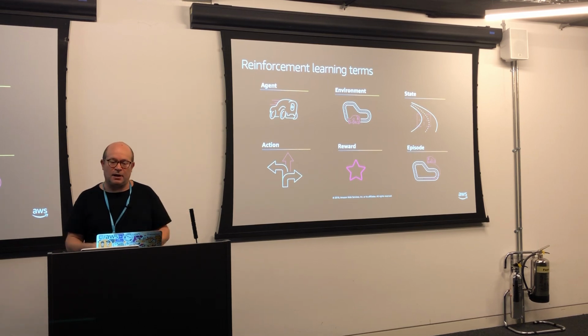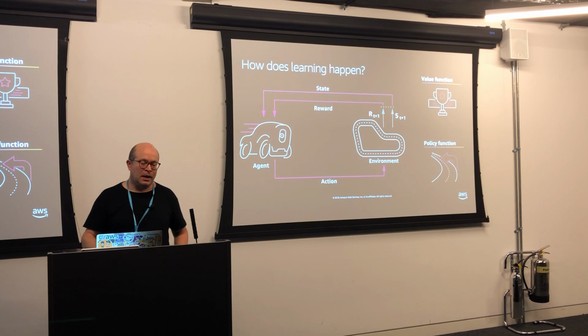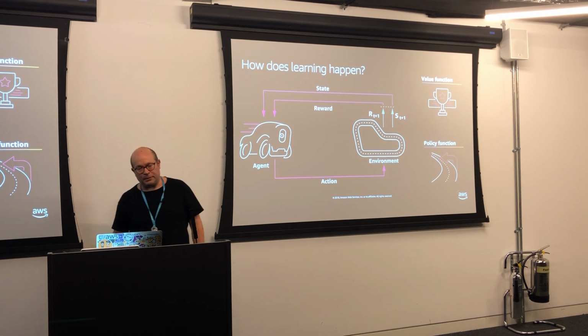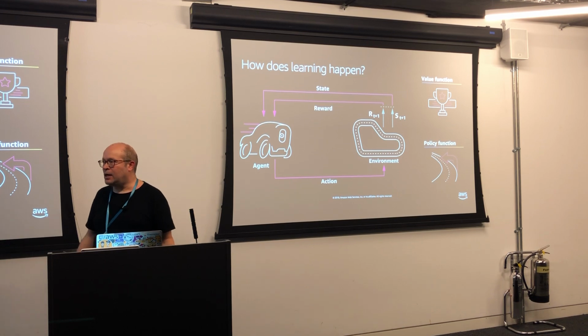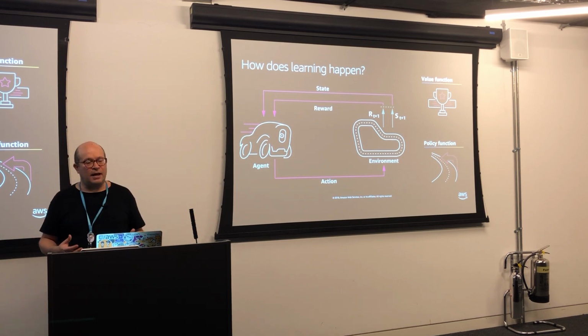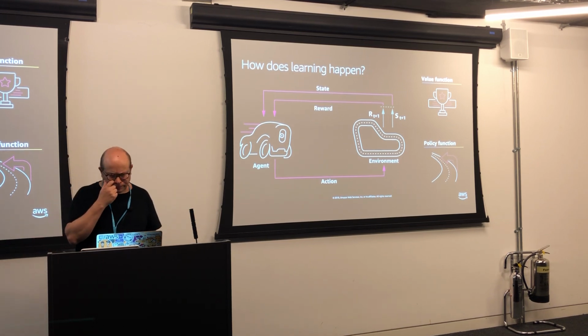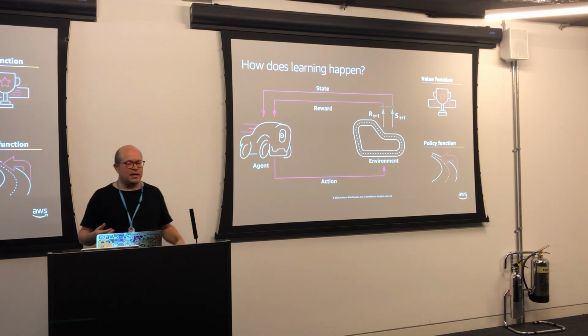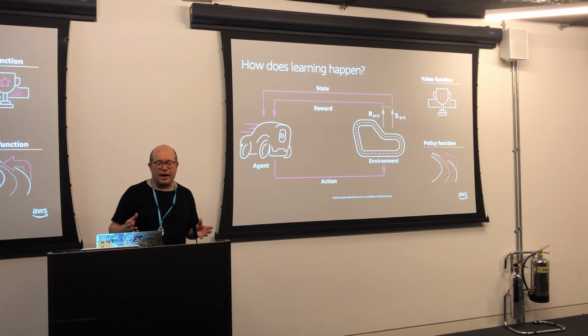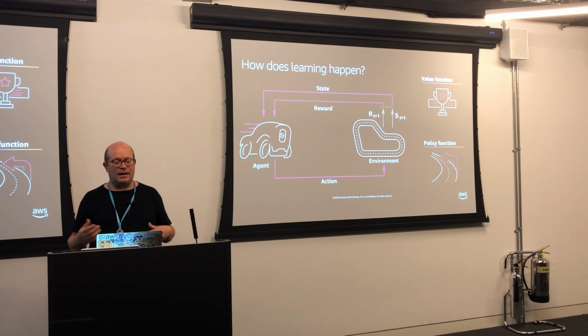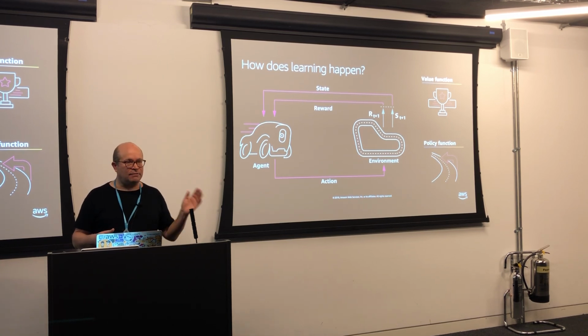Okay, so these are terms I'm going to start talking about. And the way this learns is, when the car first starts, it knows nothing. It has a reward function, which we're going to come to in a bit, but it has got no learning, so it is in the wild. So what will happen is it will take an action. It's got an action space, which is either go left, straight on, right, or a certain speed.